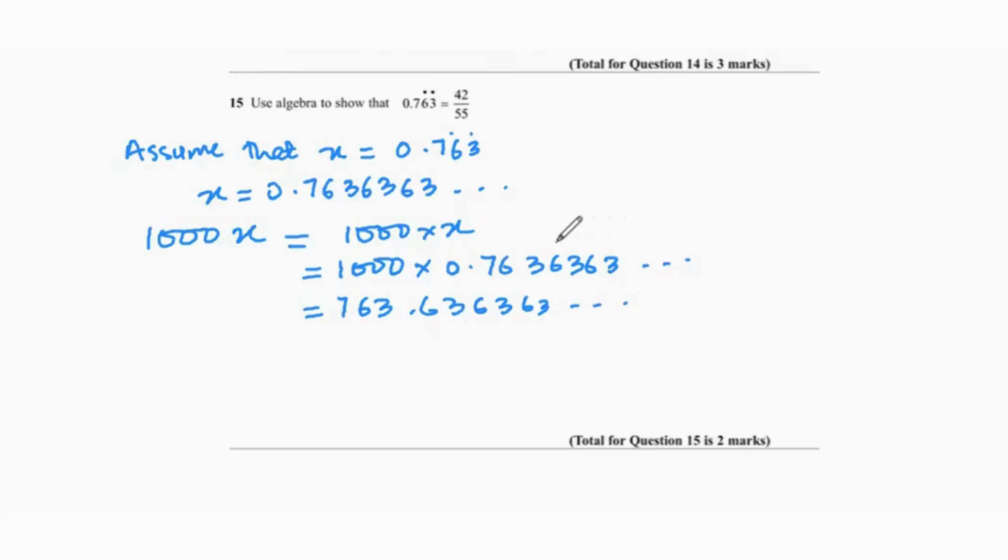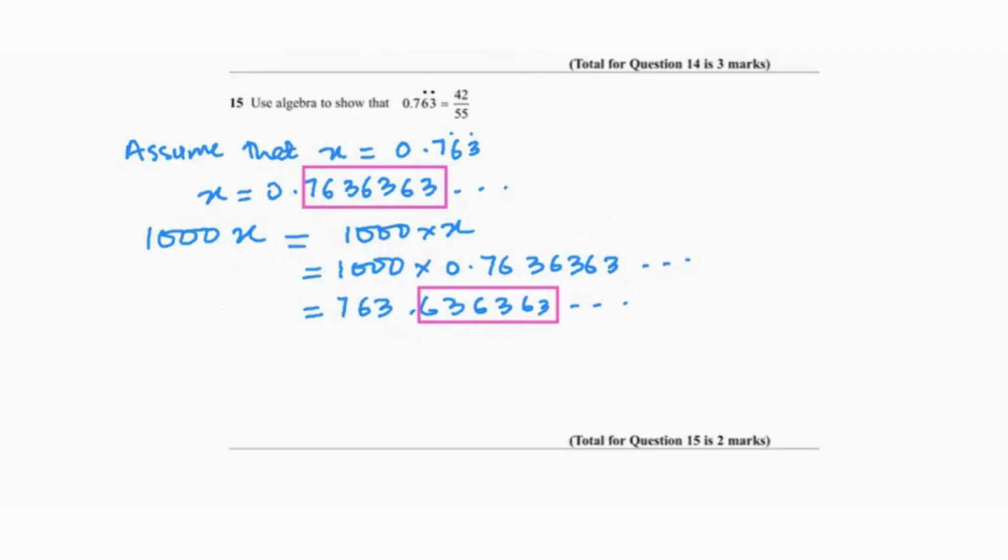Our goal is to get rid of the decimals. To do that, we need to make sure that whatever number we multiply with x, whether it's 10, 100, 1000, 10,000, and so on, the numbers after the decimal are exactly the same as they are for x. Over here, if you notice, after the decimal, we have 0.763. Over here, we have 636363.